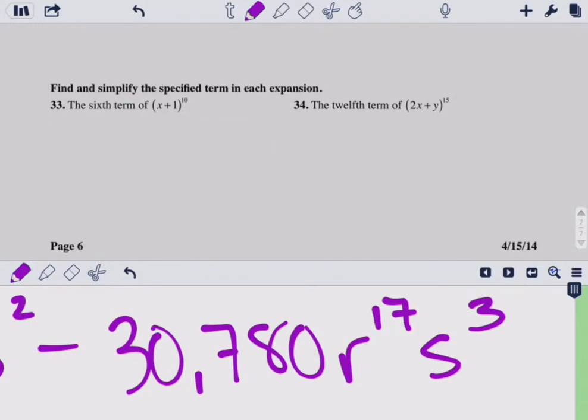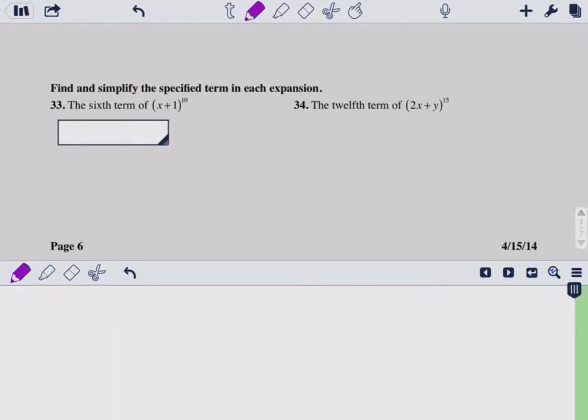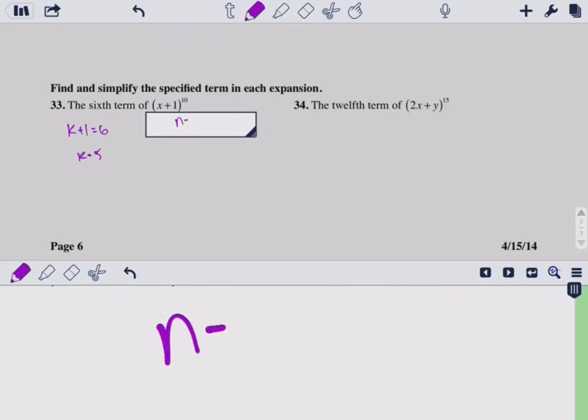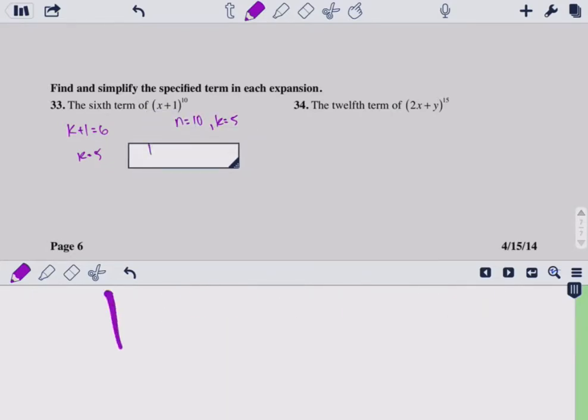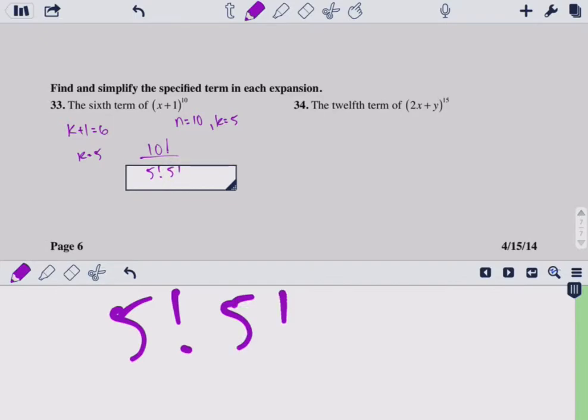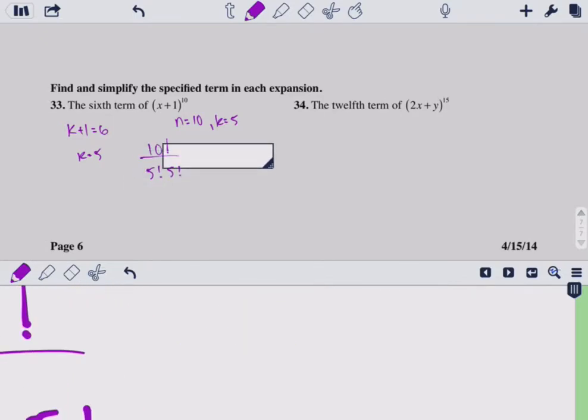Find and simplify the specified term in each expression. The sixth term, so k plus 1 is equal to 6, so k is equal to 5, and n is equal to 10. So I'll get 10 factorial over 5 factorial times x to the fifth 1 to the fifth.